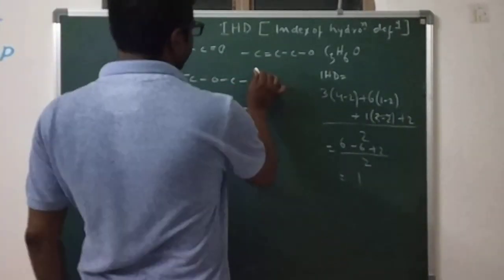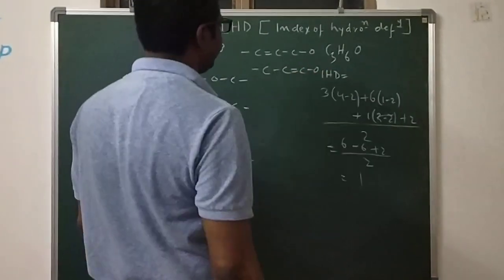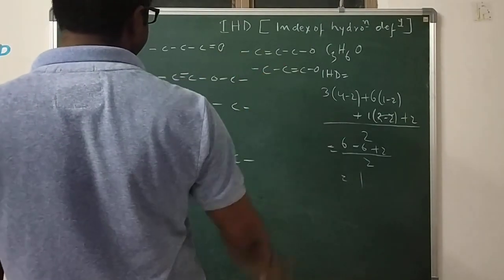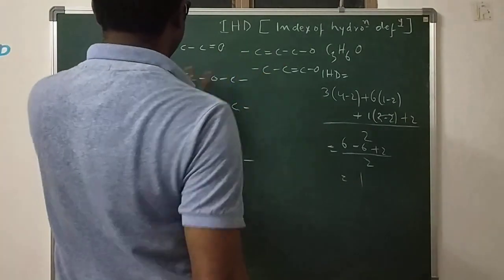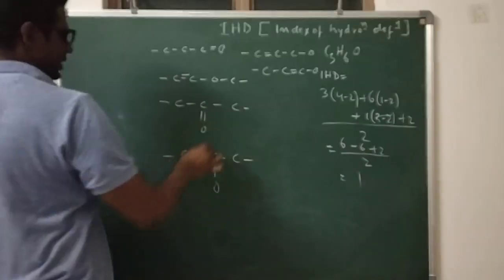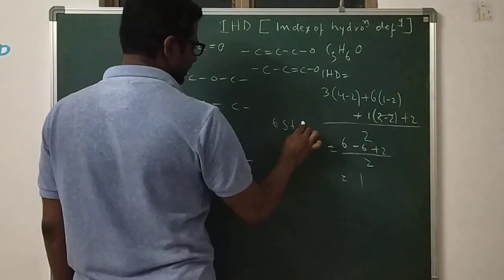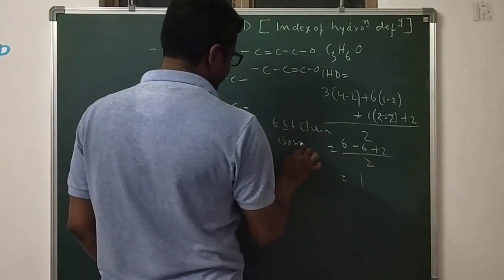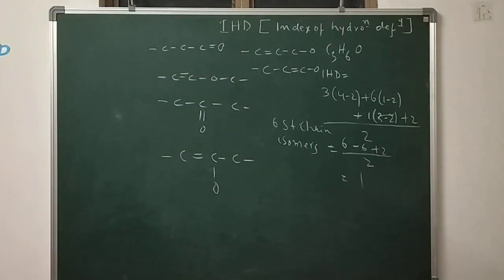From here I can do another one. Okay? This is also possible. I think so. Here for this one I am getting 3, and this one you cannot change. This is only one isomer possible. So 3, 2, 5, and 6 isomers. 6 straight chain isomers. Okay? 6 straight chain isomers that we are getting over here.